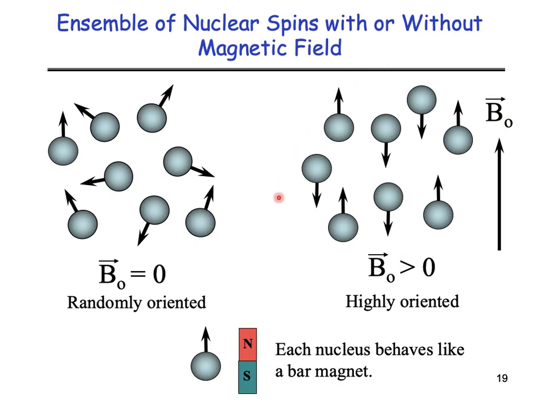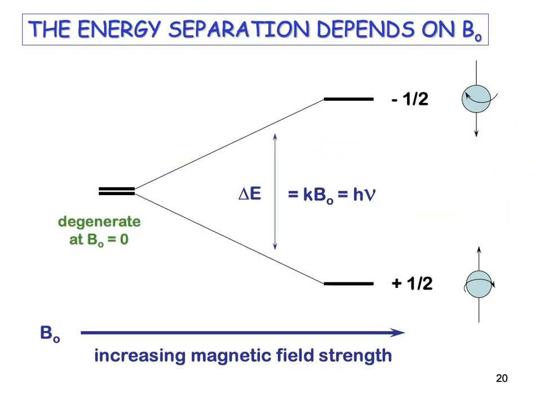When we place the sample into the strong magnetic field, they are highly oriented against the magnetic field or toward the magnetic field.